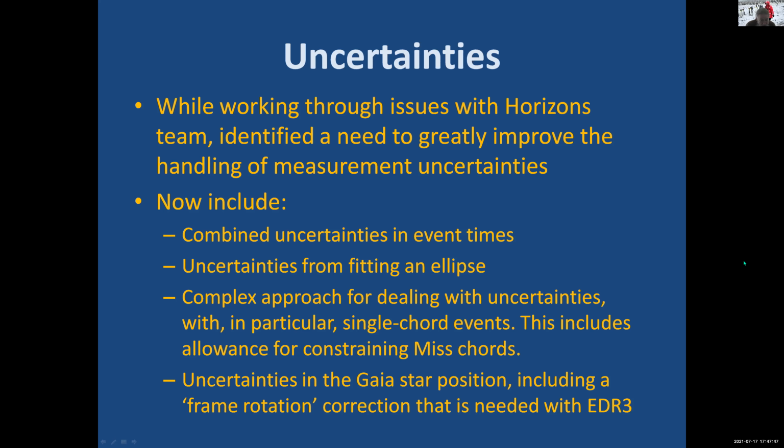There was a similar error in DR2, which they largely, but not completely, overcame with EDR3. It's called a frame rotation error. It's sufficient to say that current Gaia does have a small error in its star positions.